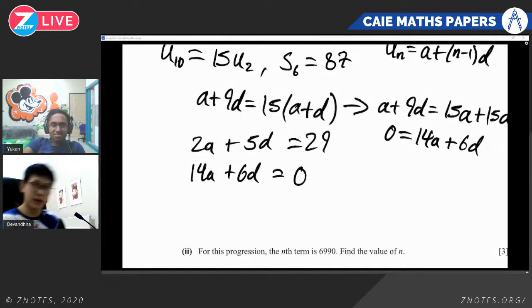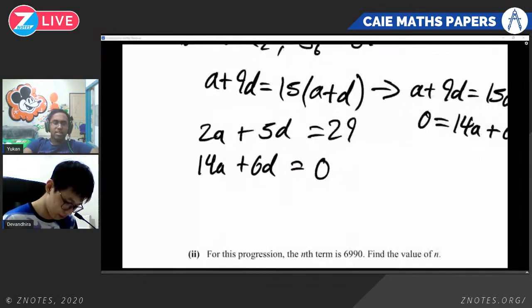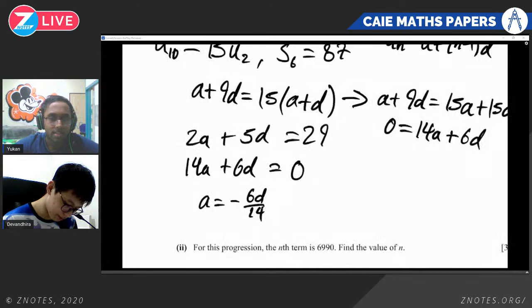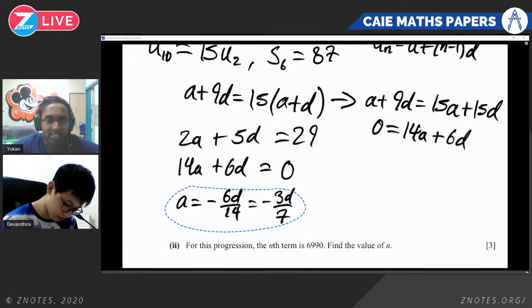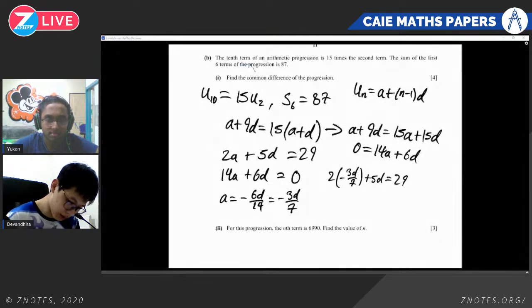So what would you do? You'd substitute a. So a would be negative 6d over 14. And that would be negative 3d over 7. Okay. And then you'd put that into your first equation. So we have 2 of negative 3d over 7 plus 5d is 29, right? Let me just resize this.